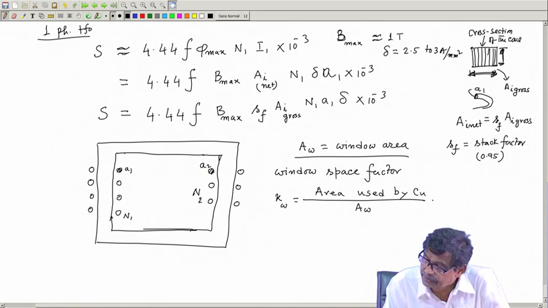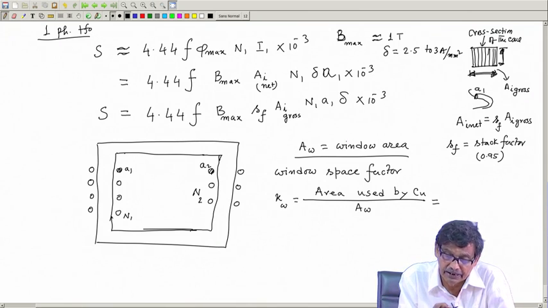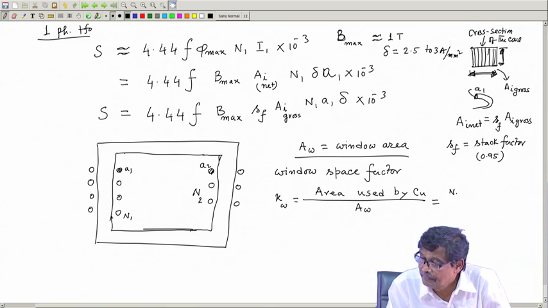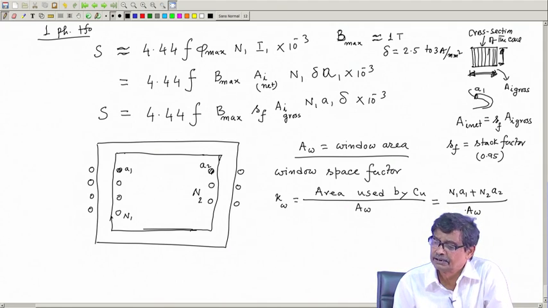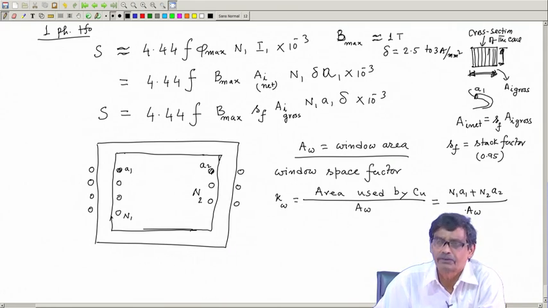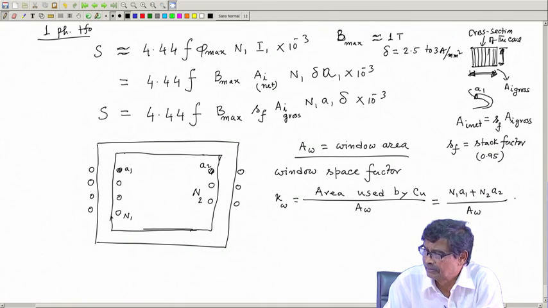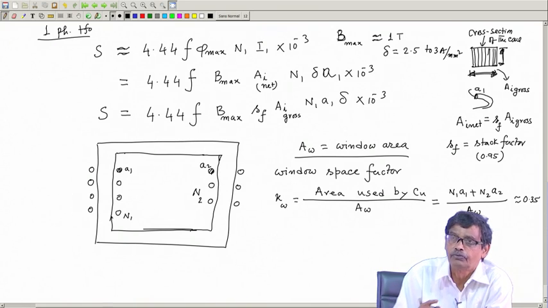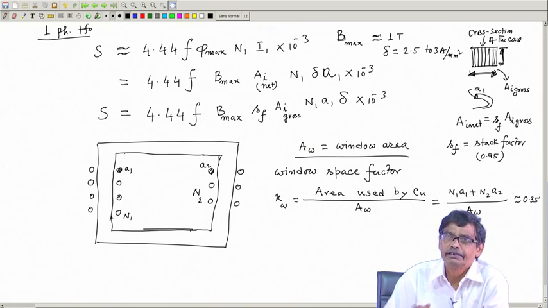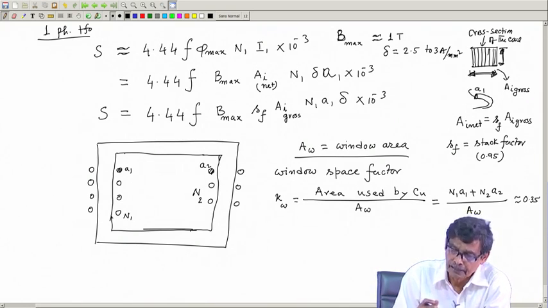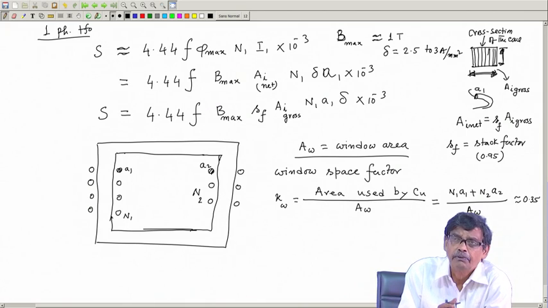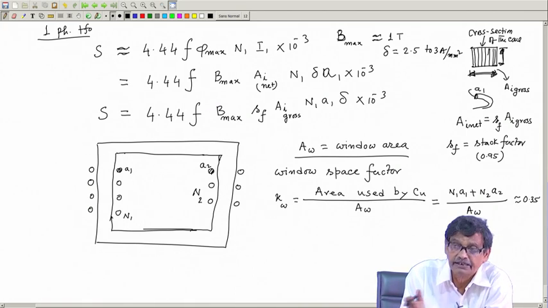So, obviously, you can see that this will be equal to N1 A1 plus N2 A2, is it not, divided by AW. Generally, the window factor is about 35% or so, maybe 0.35. Not 100% is utilized to fill it with copper, because some oil will be filled up, and circulation of heat is necessary.